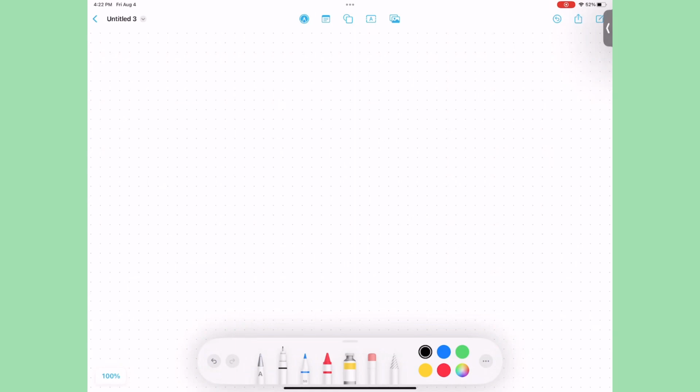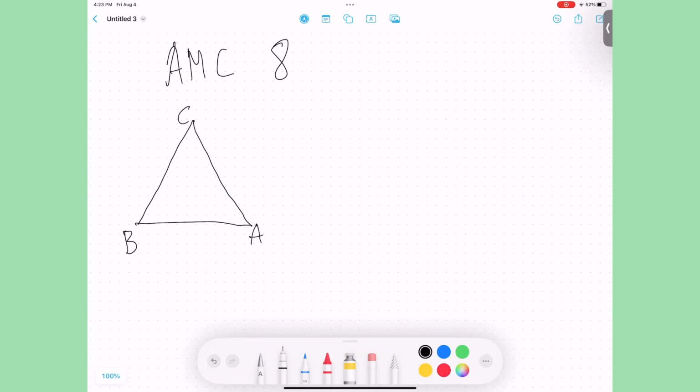So we go over slightly. This is actually from the AMC8. This is an AMC8 question. Basically the question goes like this, right? By the way, ABC is equilateral. A, B, and C, and then there's something like this, and so this is D, this is E, and then there's something like this.